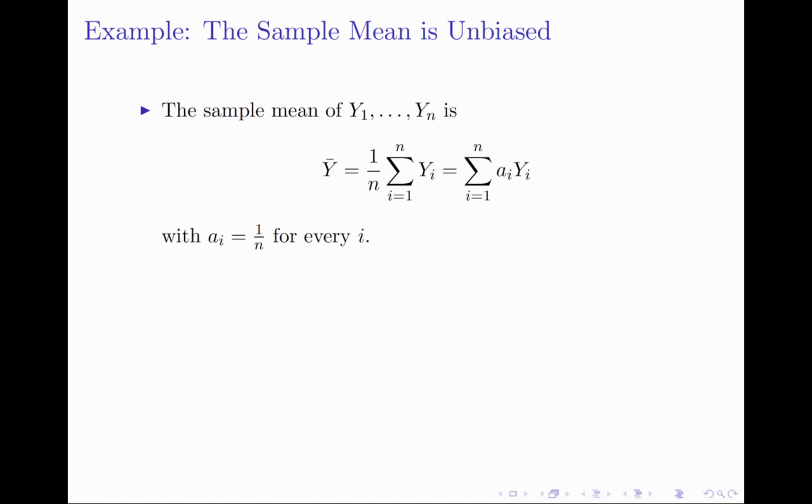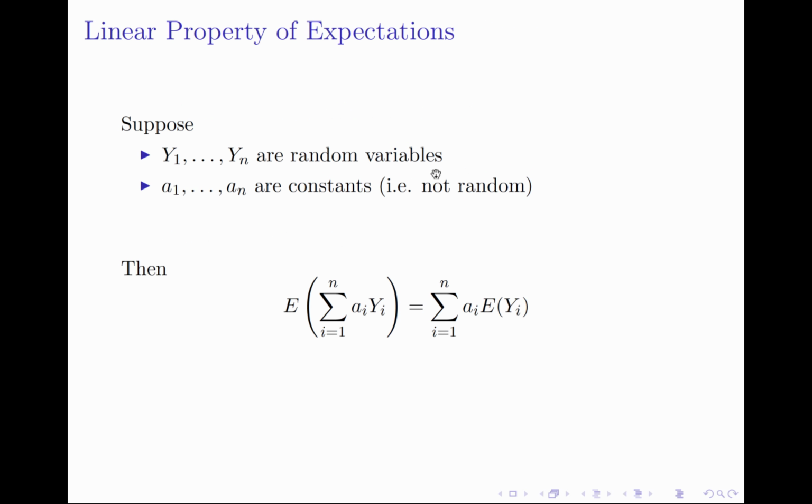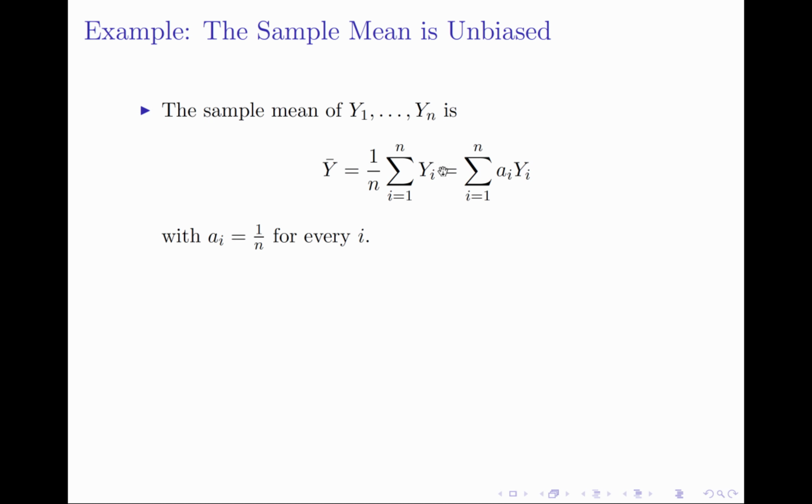We can think of this as a weighted mean where the weights are the same for every i. The weights are 1 over n for every i. So this fits within the linear property of expectations right here.